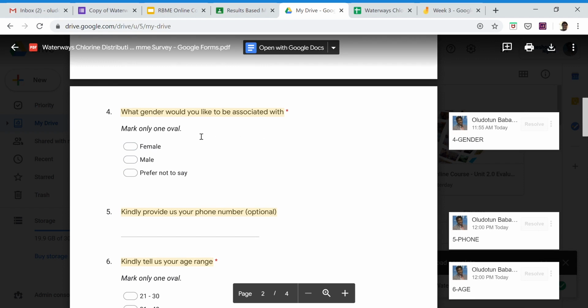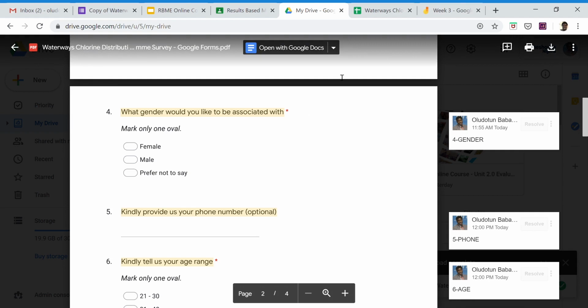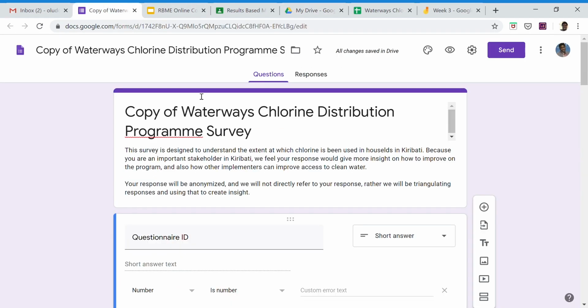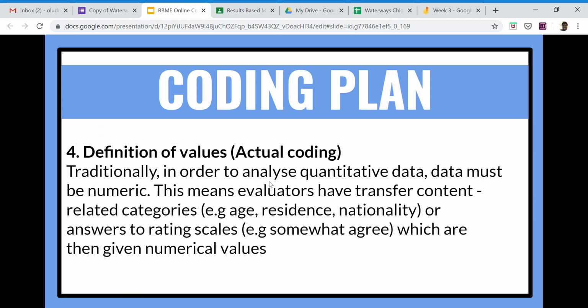Well, we'll see if it's ordinal or nominal. Is it a name or is it something categorizing? So you need to think about that. We would explain more of that, so we don't jump, by actually identifying the measurement scale for each one of them. We explain that on the measurement scales, which we are coming to in a bit.